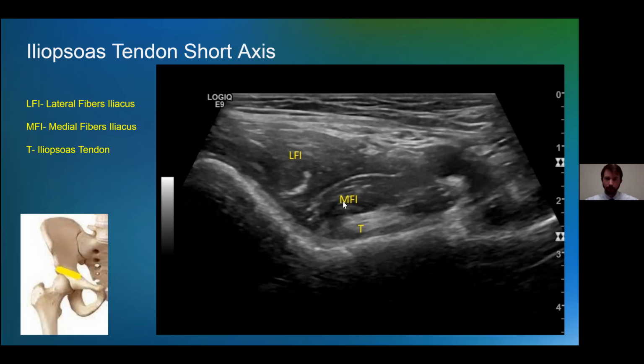So tendon here, medial fibers of the iliacus. It's also important to notice the location of the femoral artery and to keep that structure in visualization, especially if an injection to the tendon sheath is to be performed. So this femoral artery here, you're always going to want to keep in view anytime you're performing a procedure. This view is our home base for the evaluation of the snapping of the anterior hip.